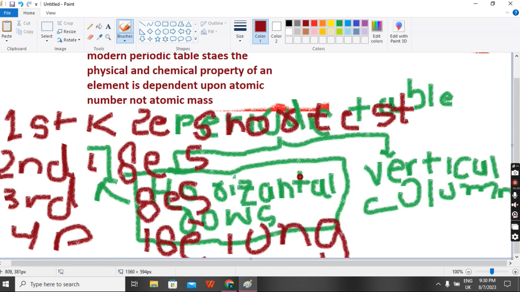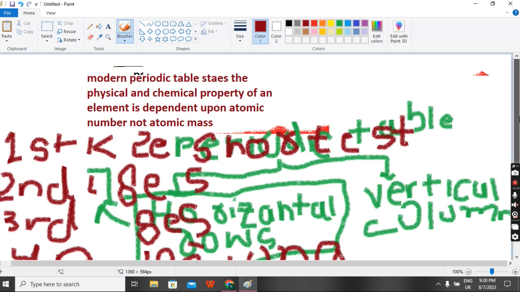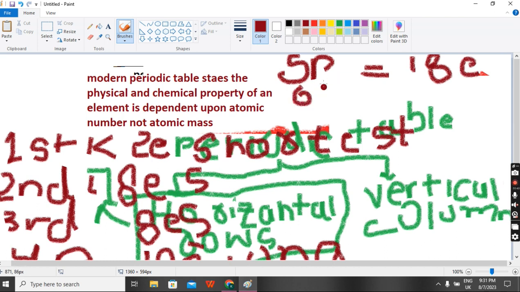The fifth period has 18 elements again. When I talk about the sixth period, it has 32 elements, and this is the longest period.